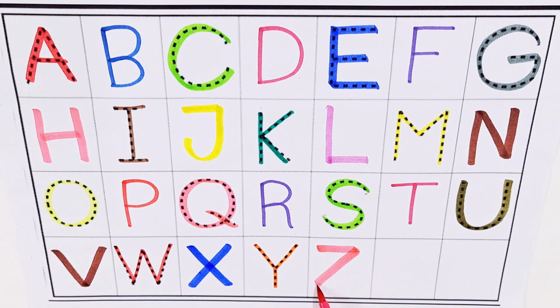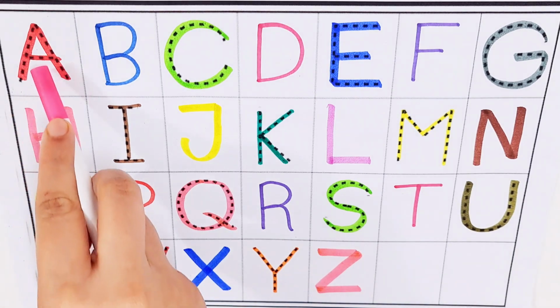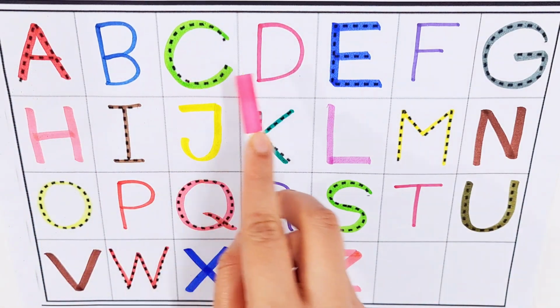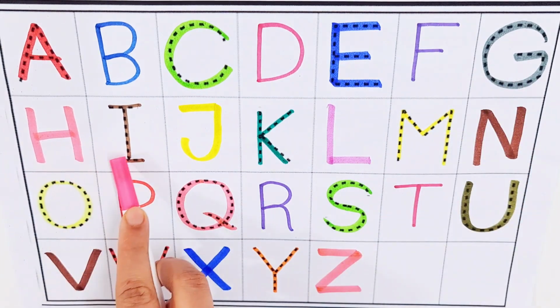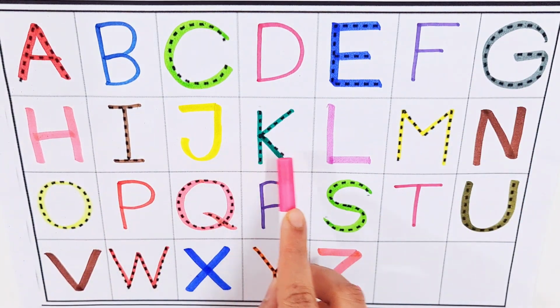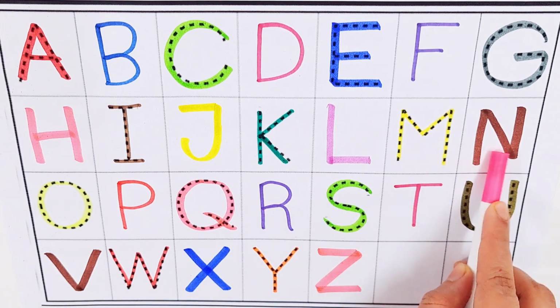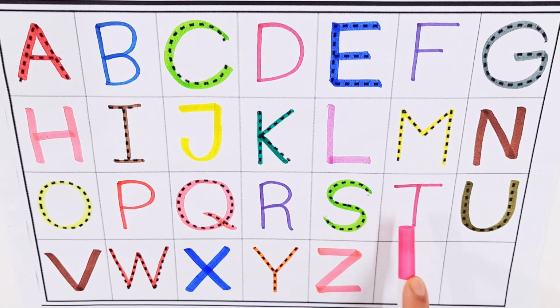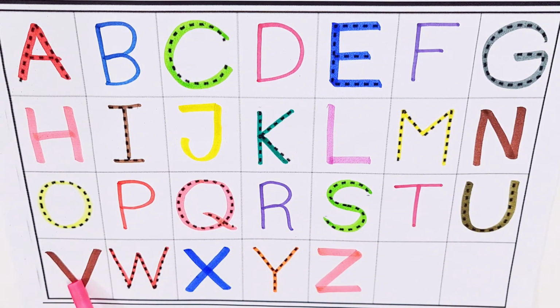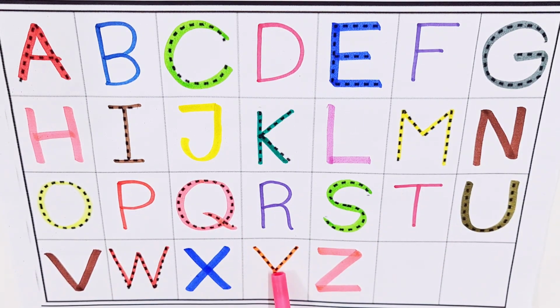Z for zero. A, B, C, D, E, F, G, H, I, J, K, L, M, N, O, P, Q, R, S, T, U, V, W, X, Y, and Z.